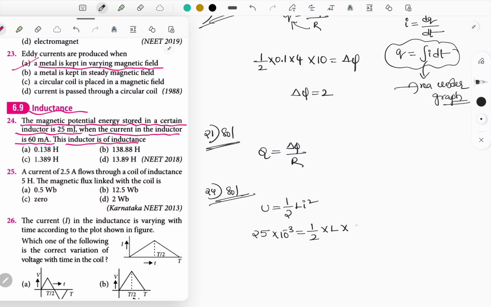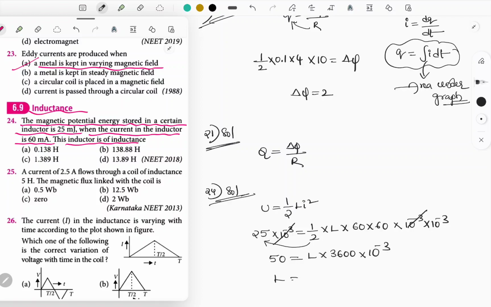I value is 60 milliampere. So 60 into 60 into 10 power minus 3 square, which is 10 power minus 3 into 10 power minus 3. Keep it as it is, because the 10 power minus 3 terms will get cancelled. If this 2 goes to the left side, it will become 50. 50 is equal to L into 3600 into 10 power minus 3.